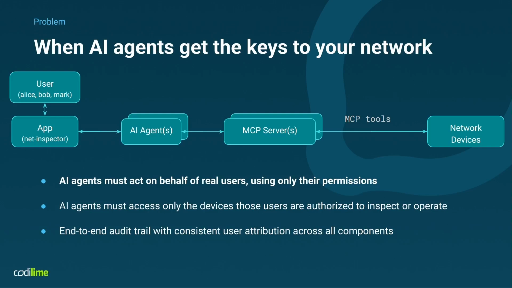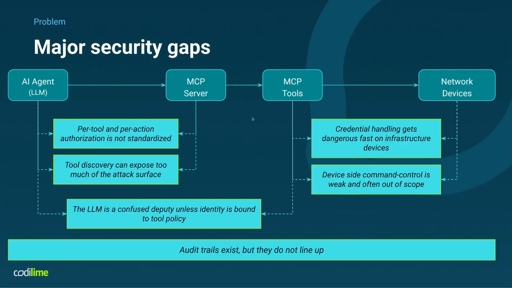So we should know, in case of an incident, who did what in our infrastructure. In this part, we will focus on the first goal. We would like to achieve role-based access control to tools and commands on network devices, depending on, say, user roles.